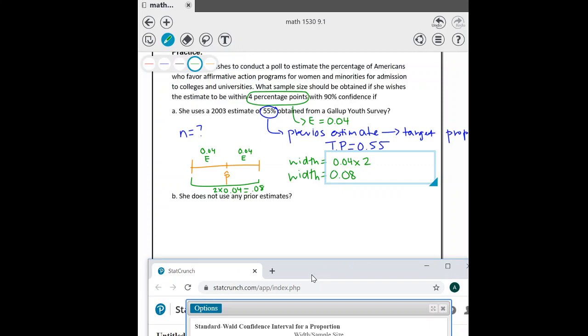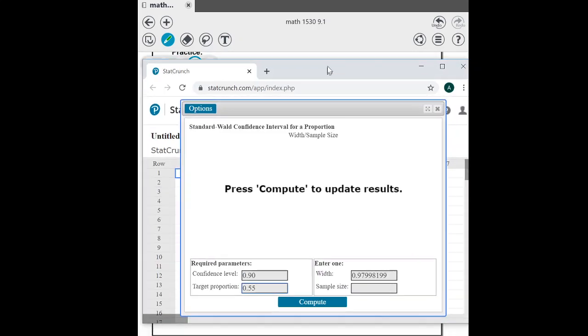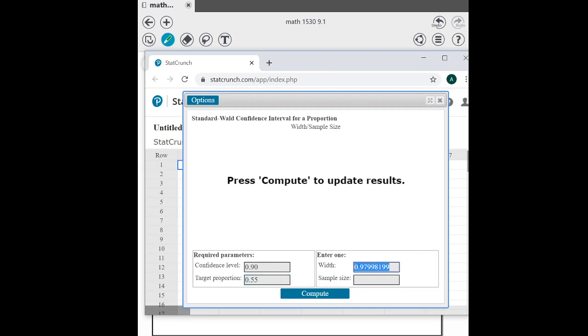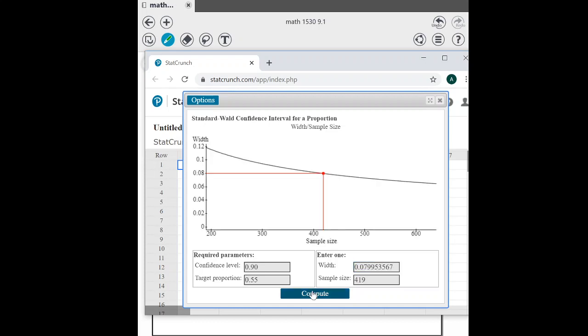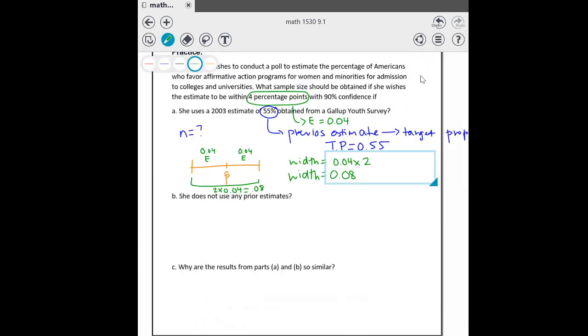And our confidence interval width we said was 0.08, so under width, we put 0.08. Now we've filled in all three boxes except for sample size, which is the one we don't know. When I push compute, StatCrunch fills that in for me: 419. Woohoo! So from StatCrunch, we get our answer: n equals 419.